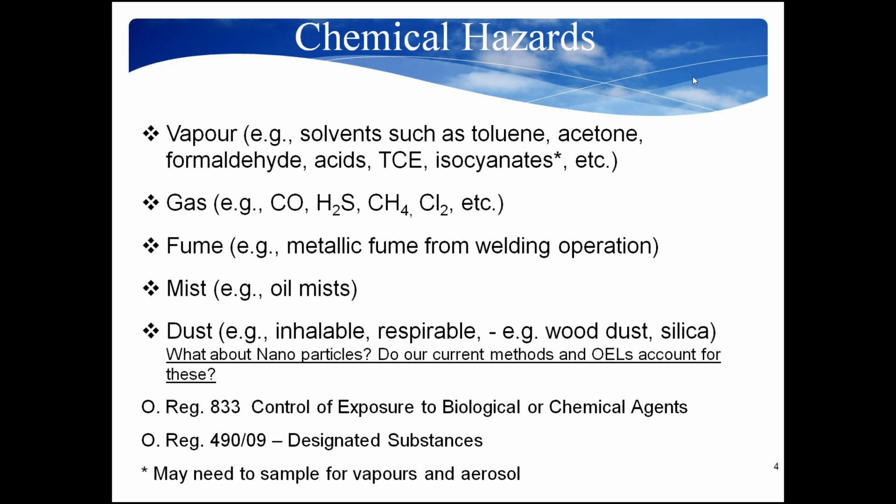You might have metallic fumes from welding operations, mists from oil mists, for example. You might have just a dusty environment, so we might measure for inhalable particulate matter or respirable particulate matter. So those are two size fractions that we want to focus on. But you might have some more specific dust, such as wood dust or silica, which requires some special concern.